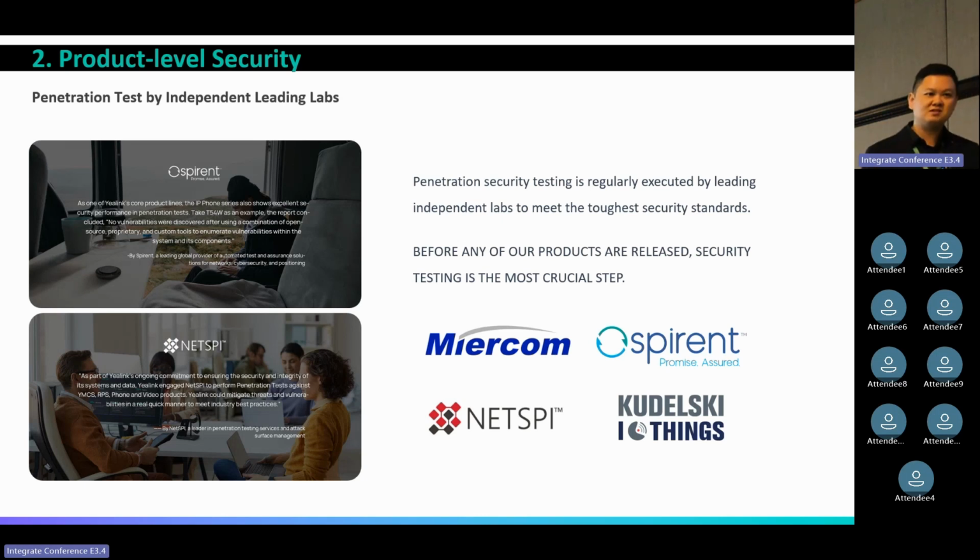Every new product costs us more than $20,000. But we do that for every new product. And all of our customers and partners can download this report in the Yealink Trusted Center. So you can review the test reports for the A10, the MeetingBoard, the A24, the phones.